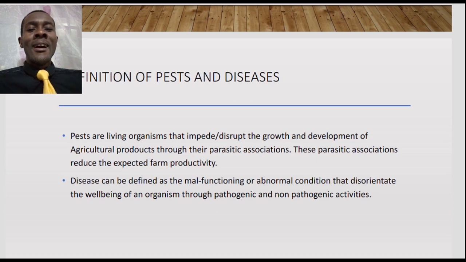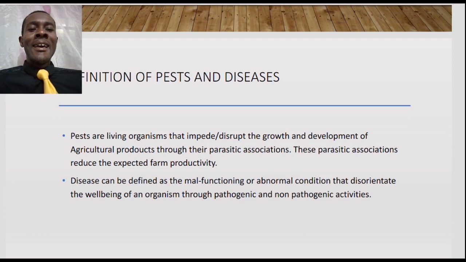Let's define the word disease. Disease can be defined as the malfunctioning or abnormal condition that disorientates the well-being of an organism through pathogenic and non-pathogenic activities. I will explain what these terms are.